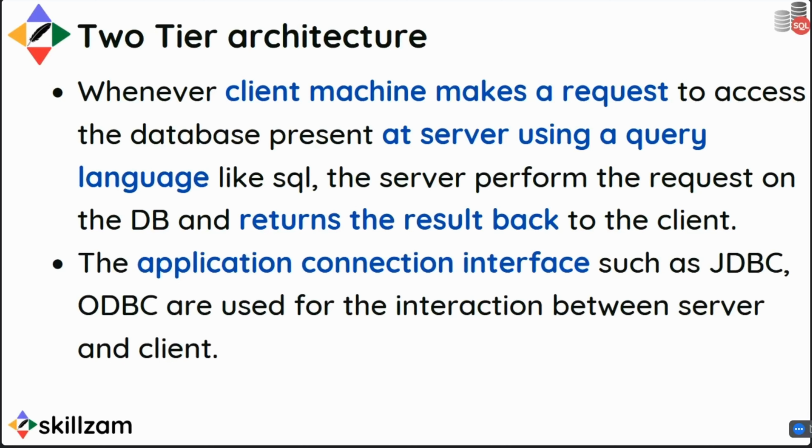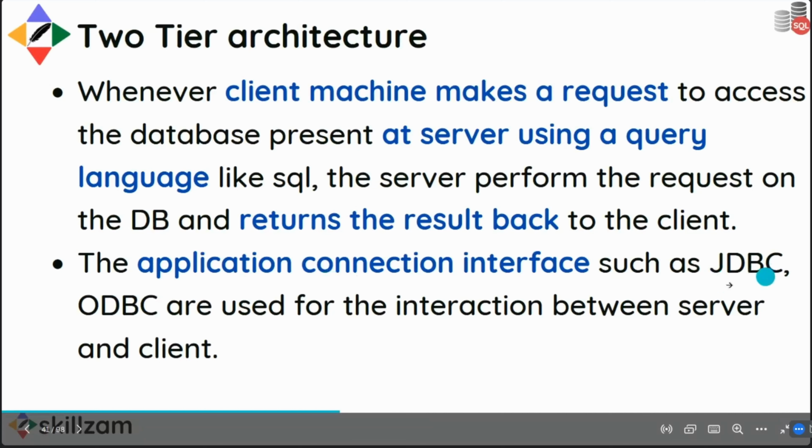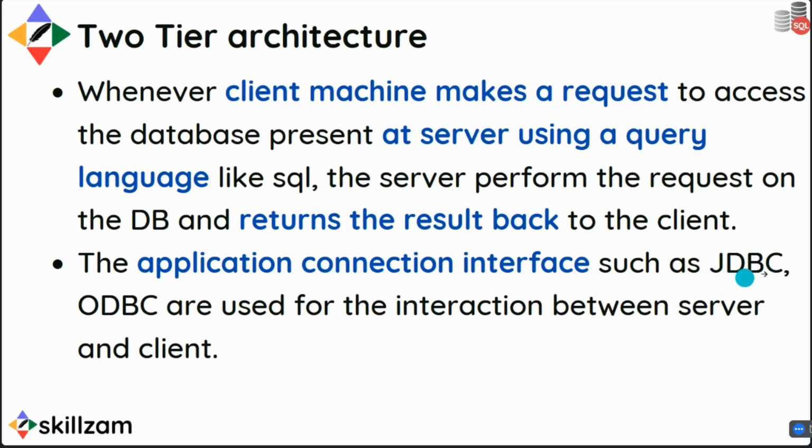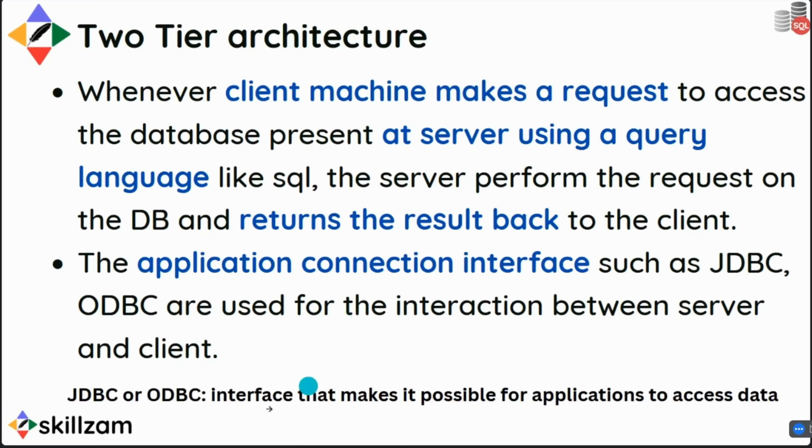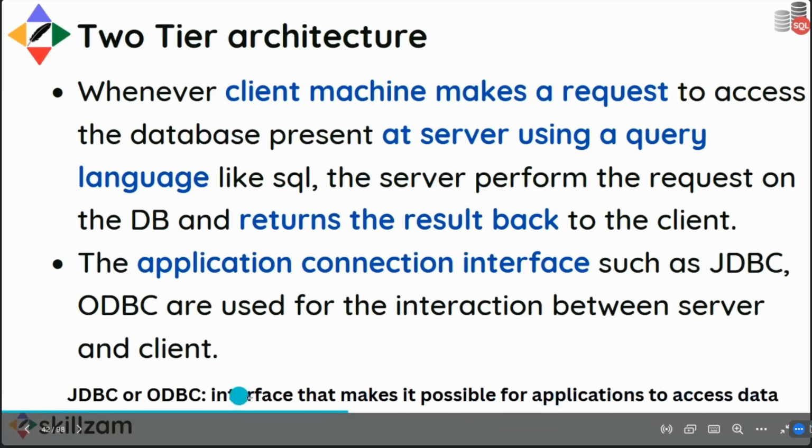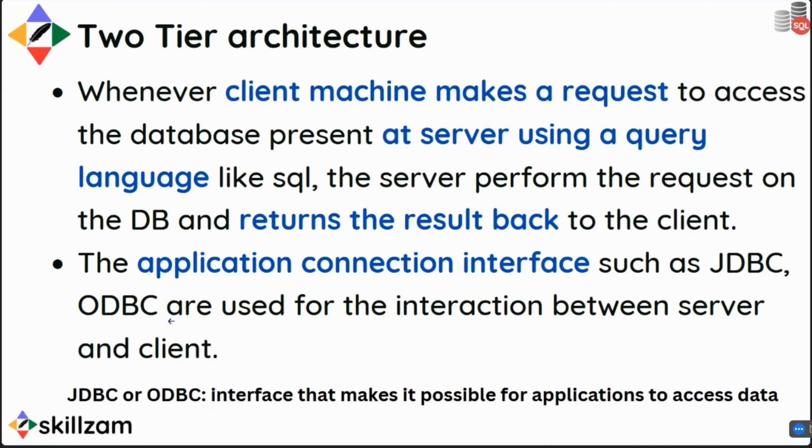And how is the application getting connected? The application connection interface is called JDBC, which is Java database connectivity, or ODBC, open database connectivity, from Microsoft. These are different APIs. JDBC is an API, an interface that helps you interact with the data and makes it possible for applications to access the data. So you connect through JDBC or ODBC.